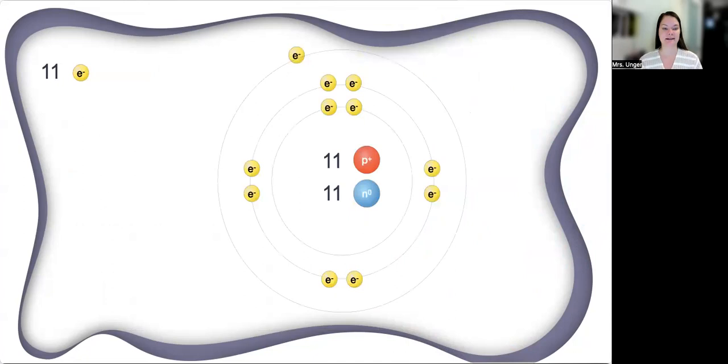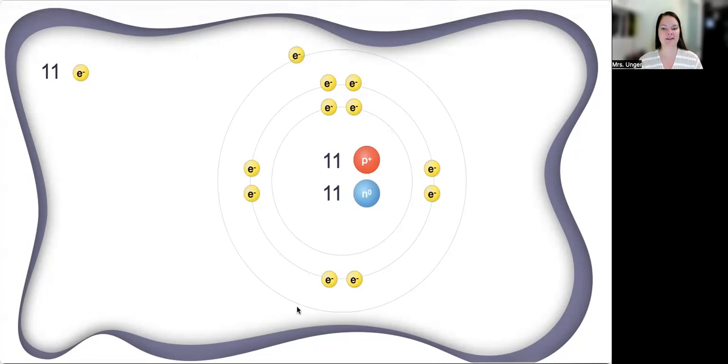So a really classic example here would be sodium, which has 11 protons and 11 neutrons in its nucleus and 11 electrons when that atom is neutral. However, if you remember your rule of octet, that each shell has to have a full set of electrons, so 2 in the first shell, 8 in the second, 8 in the third shell.